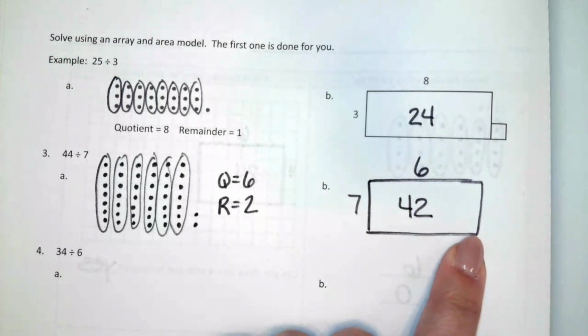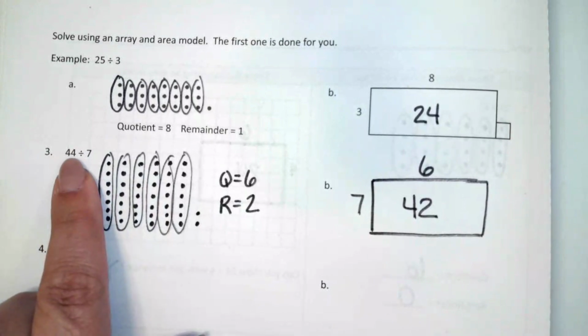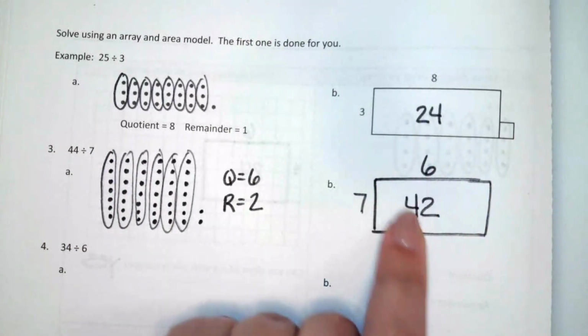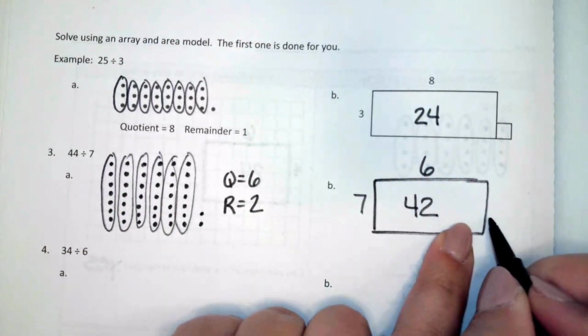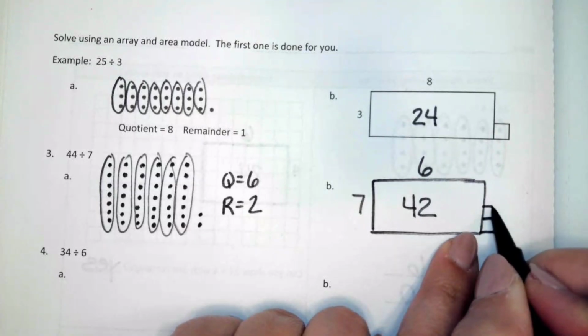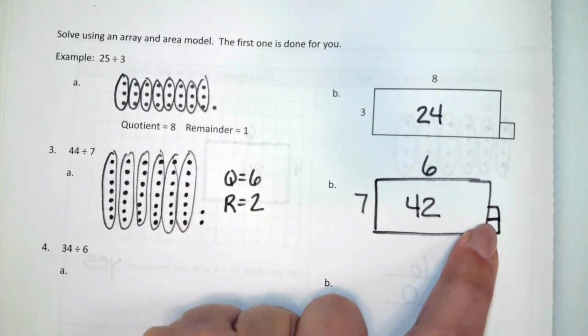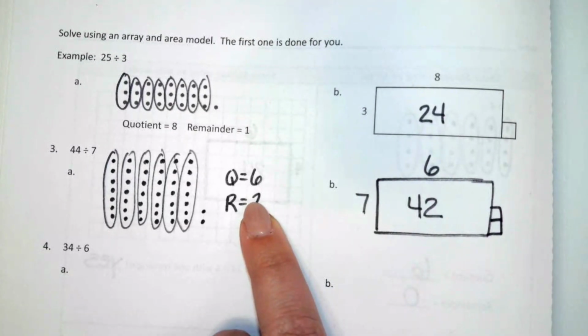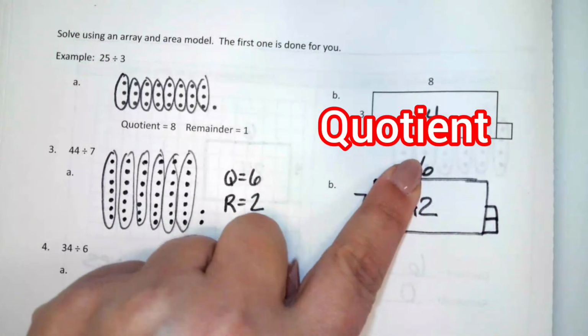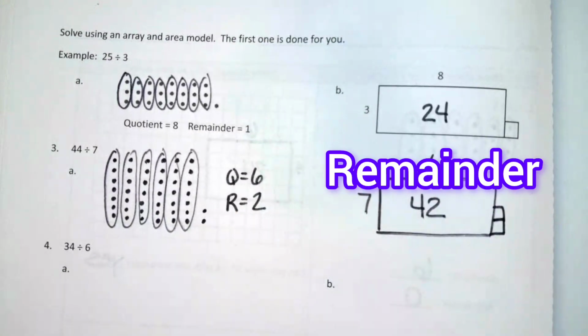Now on the side, we need to show how many more to get to 44. 7 times 6 is 42, so I need 43, 44. There's 2 on the side for remainder 2.